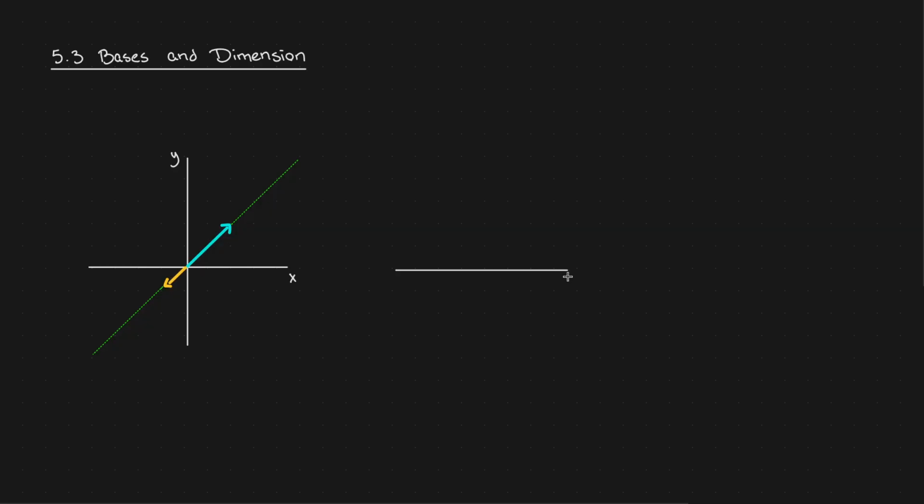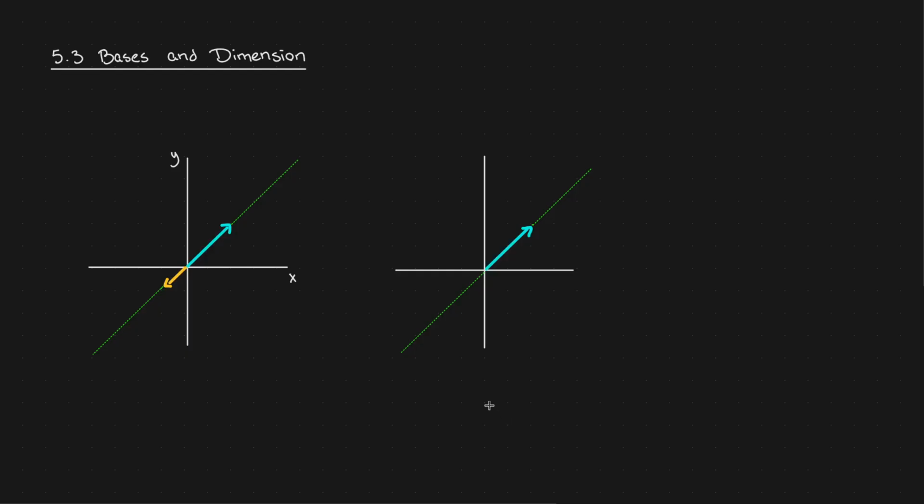If I take just one of the vectors, then any linear combination of this, which means any scalar multiple of this, lies along this line also, right?